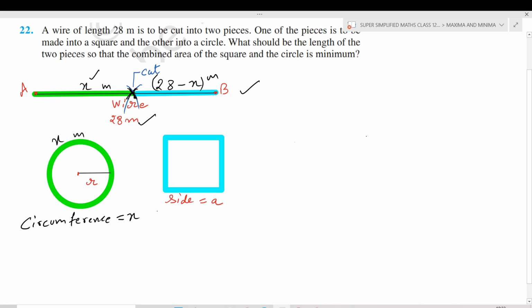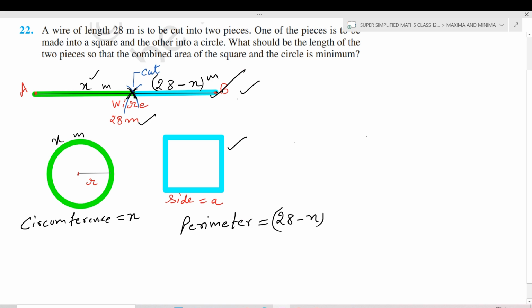And the other part, of length 28 minus x, that is this blue part, you bend to form a square. Since the length of this part was 28 minus x, the perimeter of this square is going to be 28 minus x, since you used this much wire to form the square.